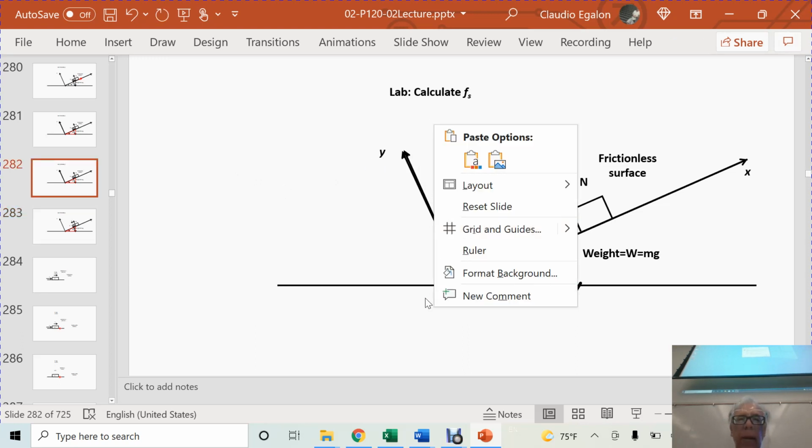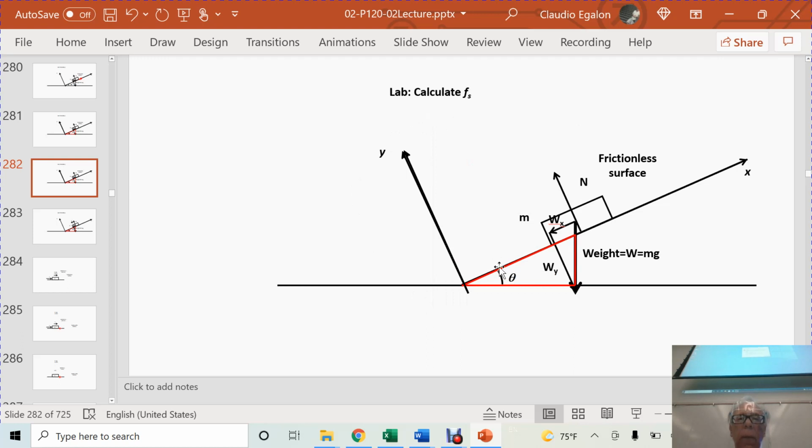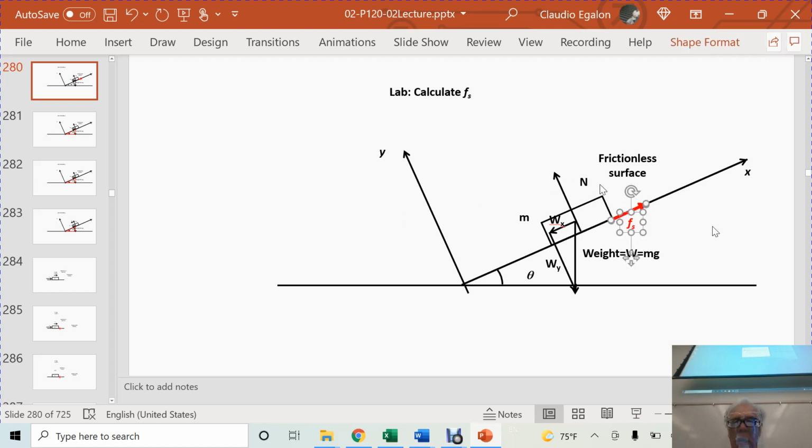Get rid of both of them and then paste what I have in my buffer here. Good. Now you have it. Perfect. And now we can start putting back my force of static friction there in this problem. Okay, here we go.